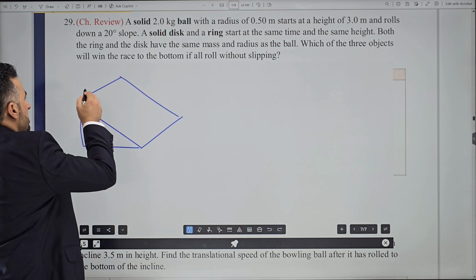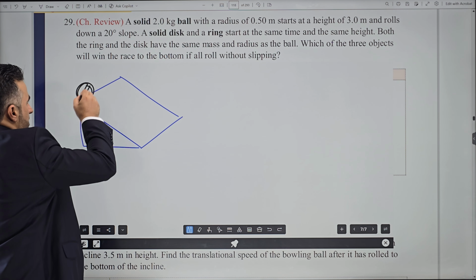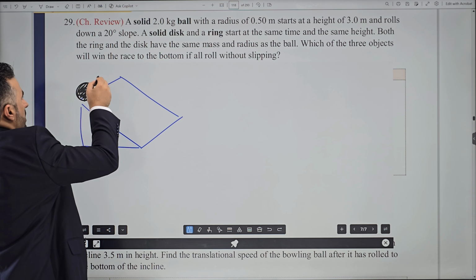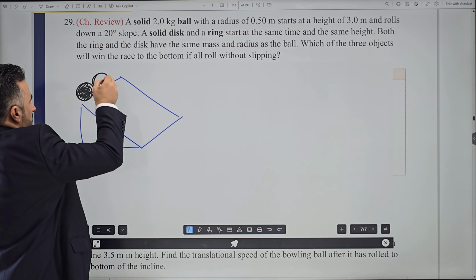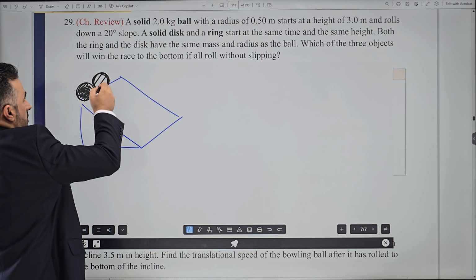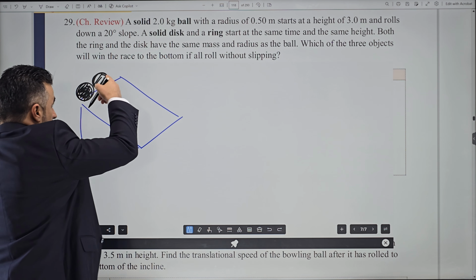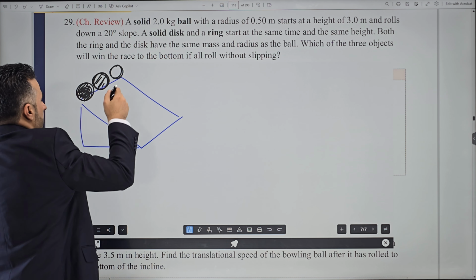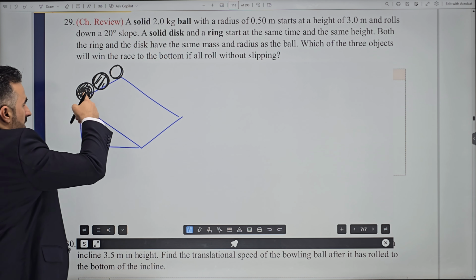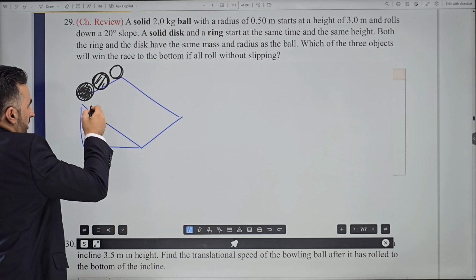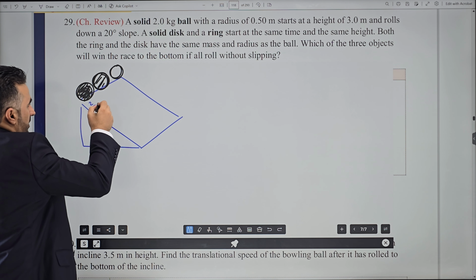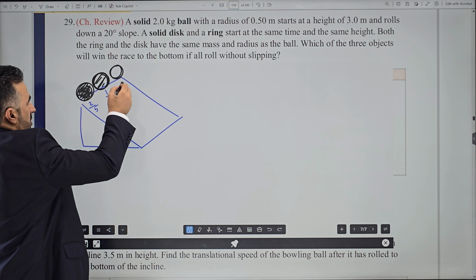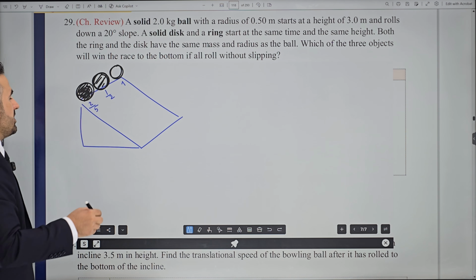One of them was a solid object, and then the other one was a solid cylinder, and the other one was a hollow cylinder. In other words, the solid object is the same as a bowling ball. The moment of inertia for this one was 2/5 mass times radius squared. And then for this one, it is 1/2, and for this one, it is 1. Do you remember this? Okay.